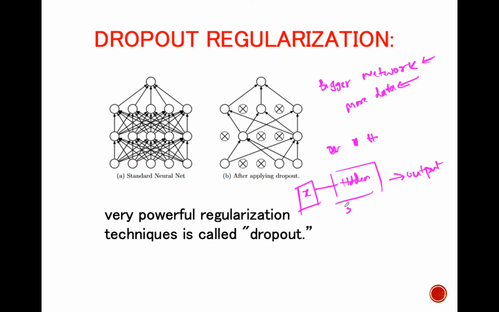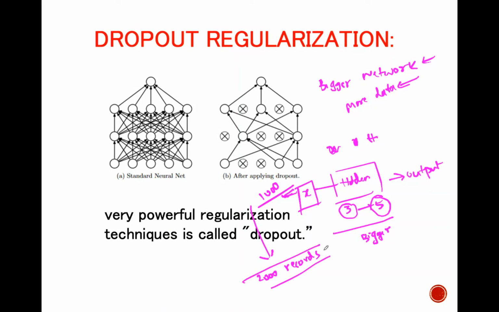Initially you have hidden layers of 3, you change it to 5 if possible. That makes your network bigger. Or else, I have 100 records of data, and you increase the data to 2000. Kavya, is it making sense?